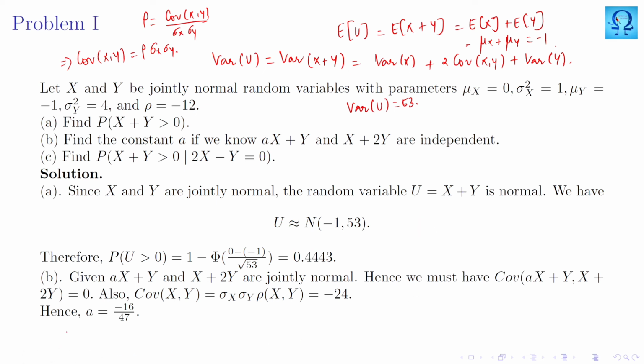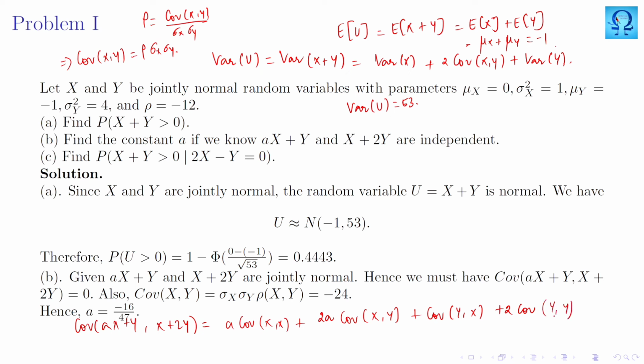Expansion in the sense covariance of ax plus y comma x plus 2y can be written as a times covariance of x comma x plus 2a times covariance of x comma y plus covariance of y comma x plus 2 times covariance of y comma y.